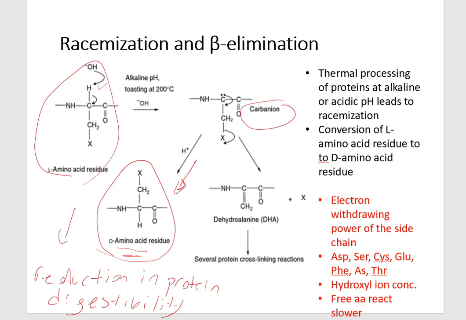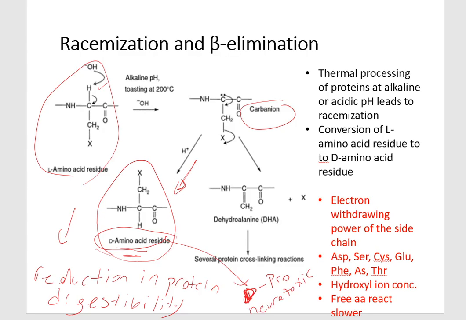Even some D amino acids, as an example, D-proline is neurotoxic. So it's not a good form in terms of digestibility and nutritional value.